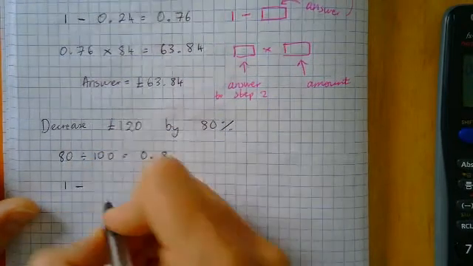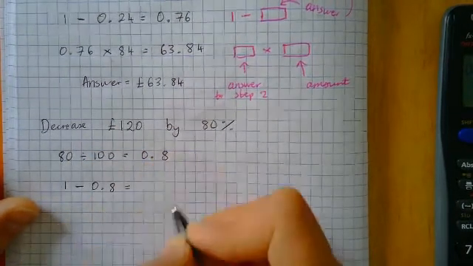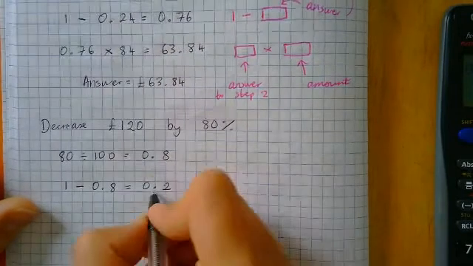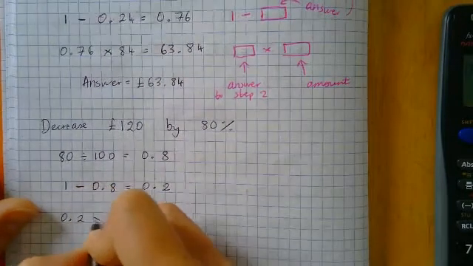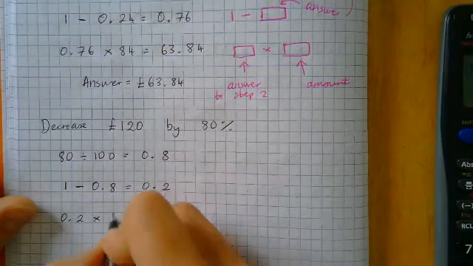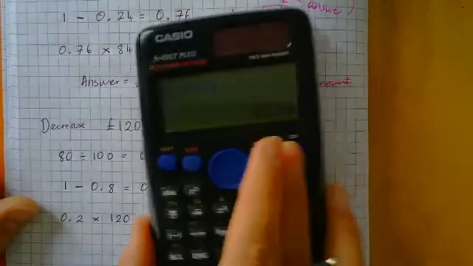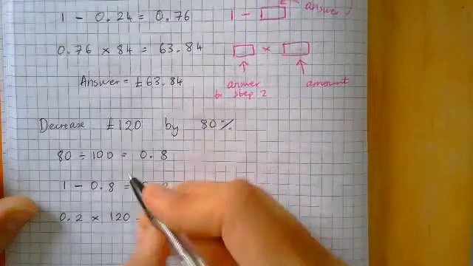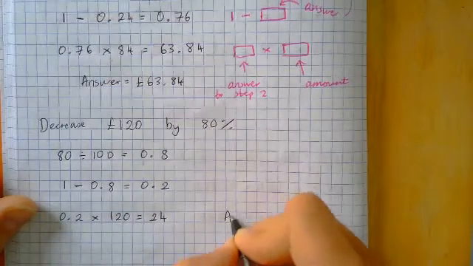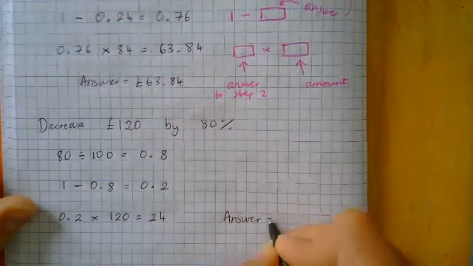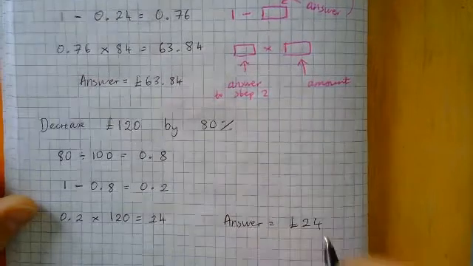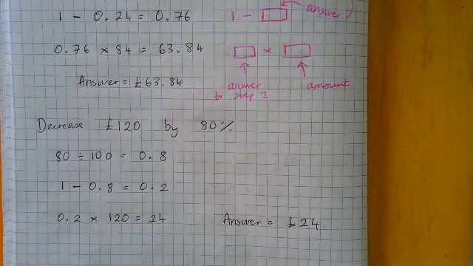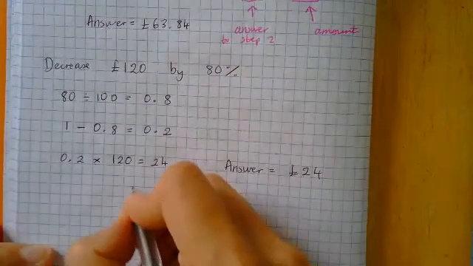Then I'm going to have 1, and because it's a decrease, 1 minus 0.8, which is going to give me 0.2. And then I'm going to do my answer to that and times it by my amount, which is 120. And then let's see what that gives us. 0.2 times 120, 24. So whatever this thing is, it used to cost £120, and they've taken off 80% of the price, and it now costs £24.